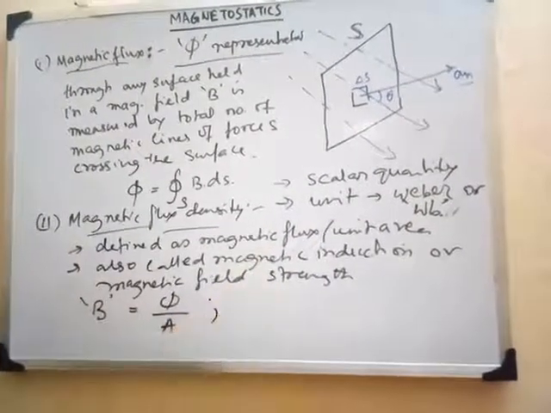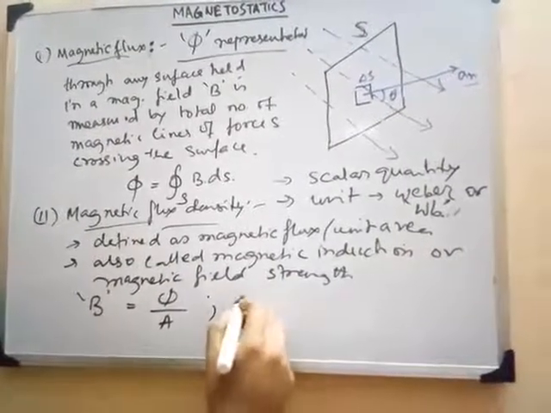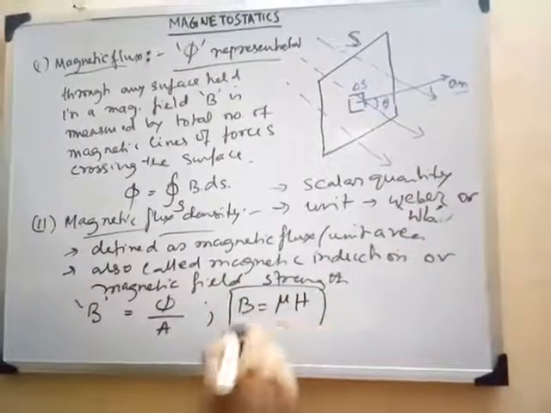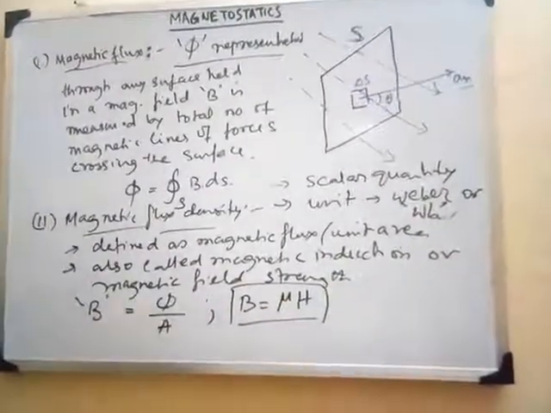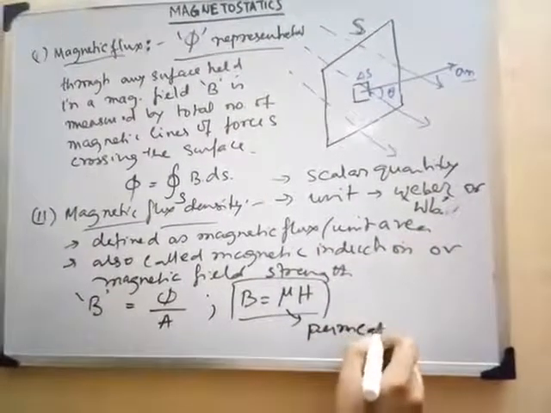Sometimes B is also represented as B equals mu H. This is a very important equation, related to the permeability of the medium.